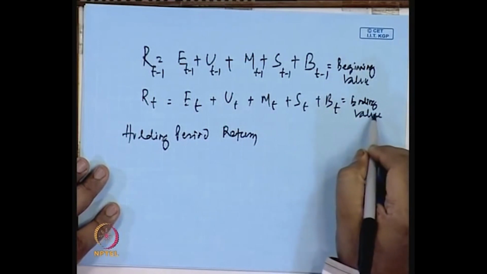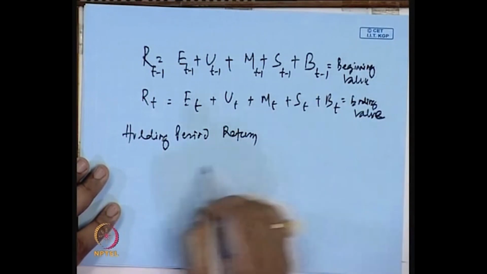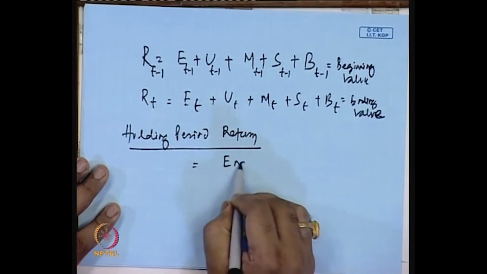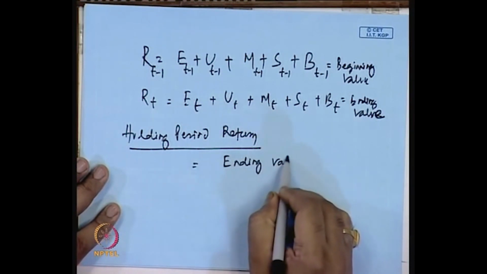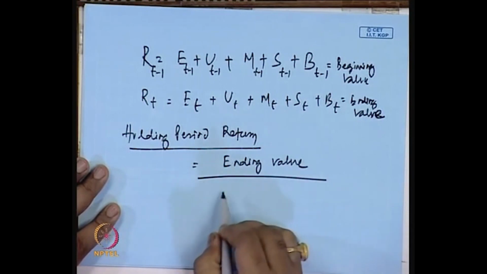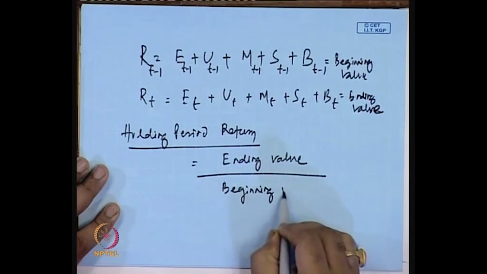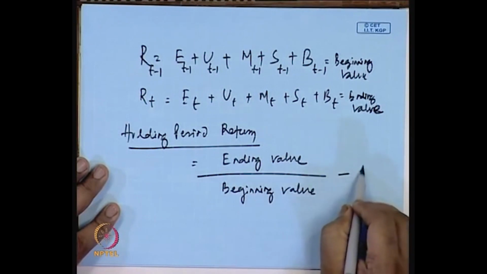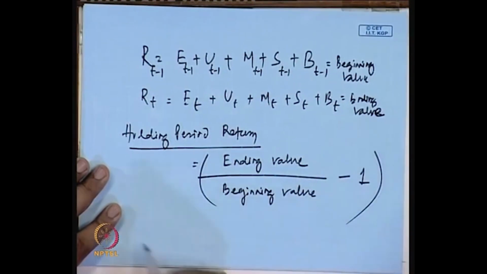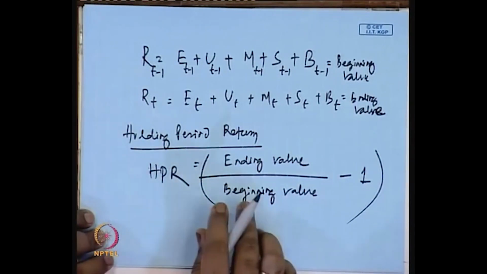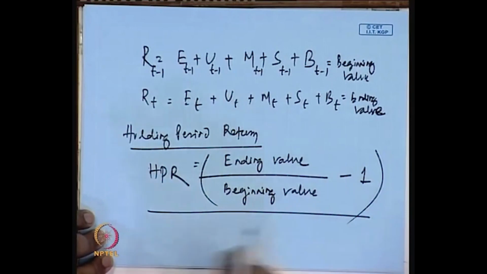If you know the beginning value and the ending value, then the holding period return can be easily calculated. So, ending value divided by beginning value minus 1 will give you the holding period return, or HPR, of the particular bond at a particular period of time.